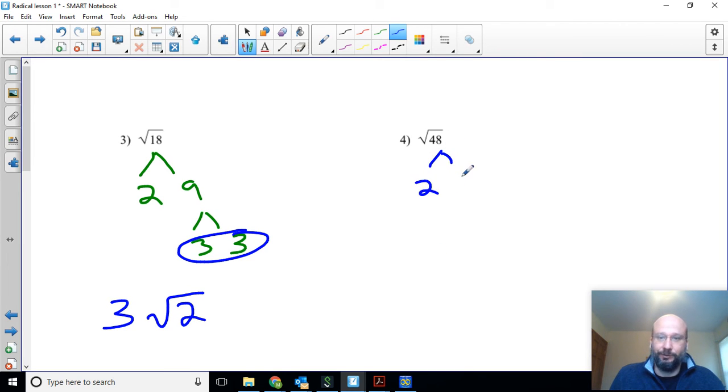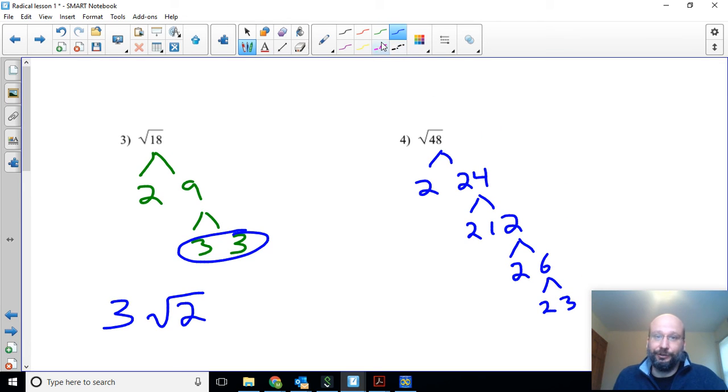48. I feel like I did 48, but let's do it again. This one's longer anyway, and you can see how you might get confused. I do 48. I divide it by 2 first to get 24. Then I divide 24 by 2 and get 12. And then I divide 12 by 2 and get 6. And then I divide 6 by 2 and get 3. And now I got to circle my pairs, my groups of 2, right? My groups of 2 numbers.